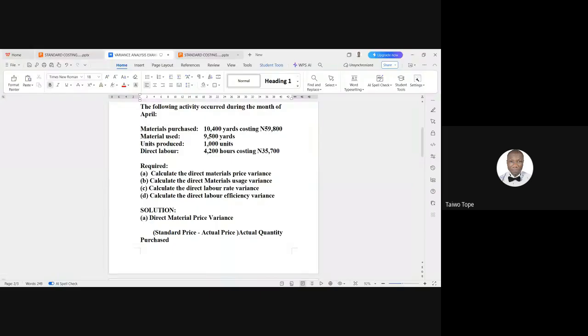Going back to the question, calculate the direct labor rate variance. What is the formula? Direct labor rate variance: standard rate minus actual rate, multiplied by actual hours paid for.